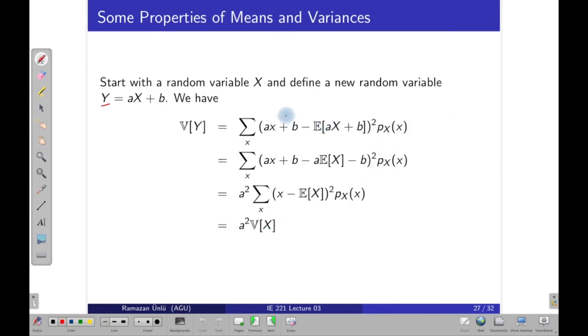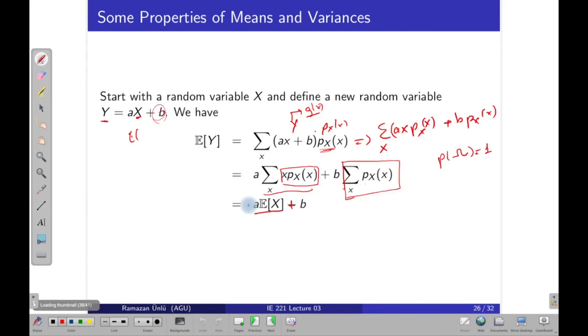So simply, this is my random variable, and this is the expected value of my random variable, and squared. So this satisfies the definition of the variance, right? So I can rewrite this part. This is the expected value of y, and y is a function of x, as this one, right?